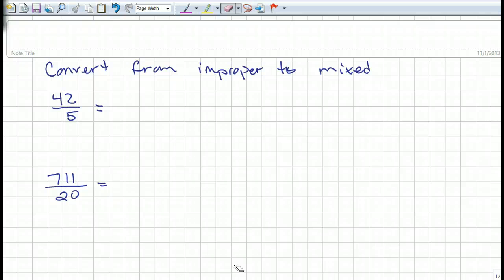All right, so we want to convert from an improper fraction to a mixed fraction. So what we're going to do is actually do a little long division. Okay? We're going to take the top number and write it like this and put it in the division bar, and divide it by 5. So 5 goes into 42 how many times? 8.